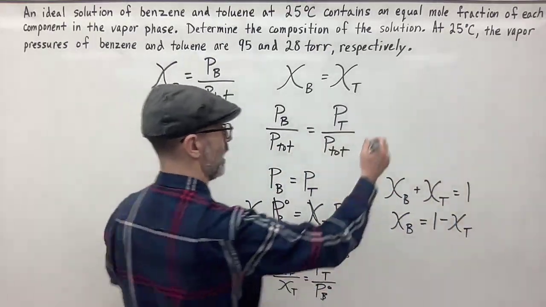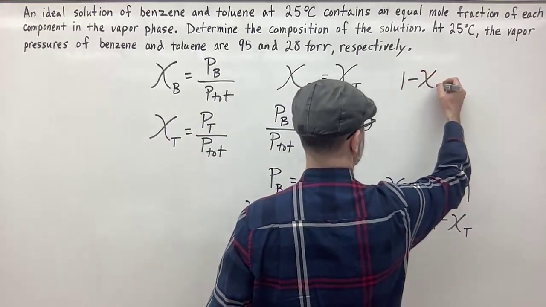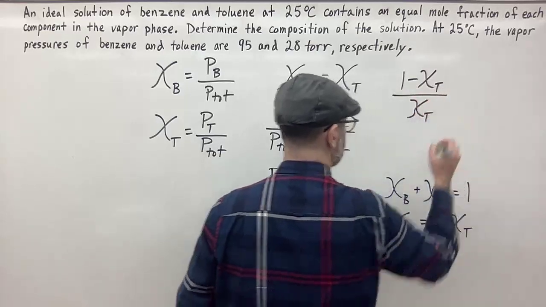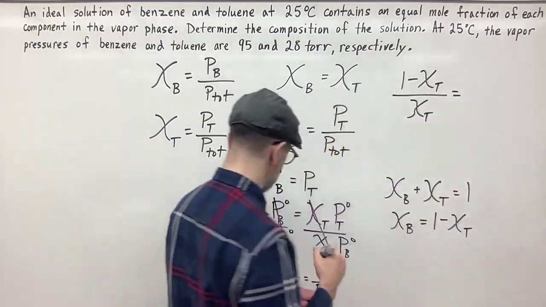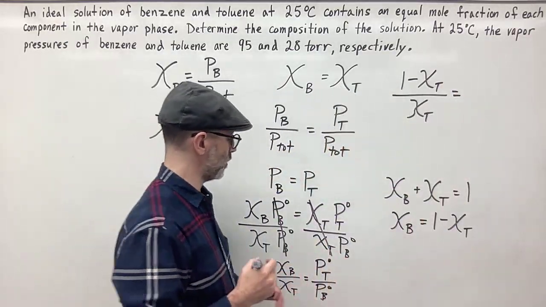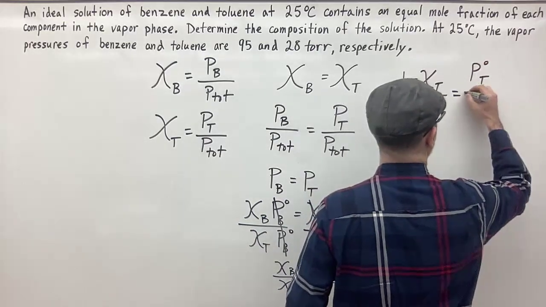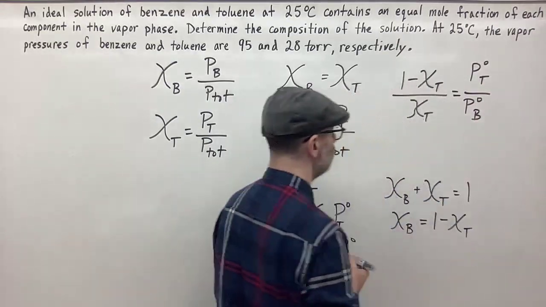So now I'm going to have 1 minus the mole fraction of toluene over the mole fraction of toluene is going to be equal to the vapor pressure of toluene over the vapor pressure of benzene.